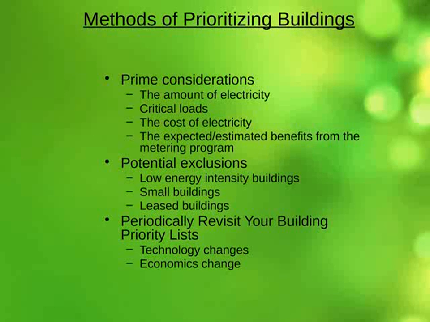Some things you may want to potentially exclude are low energy intensity buildings, where there's just a minimal amount of lights that need to be on, small buildings, and potentially leased buildings. And then obviously, periodically revisit the building priority list.